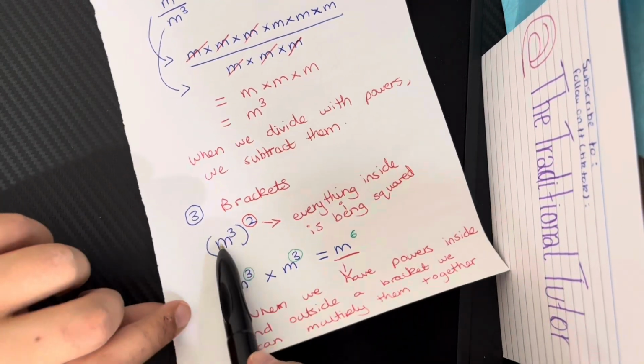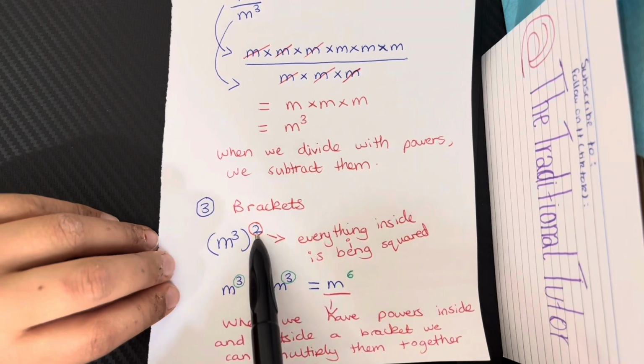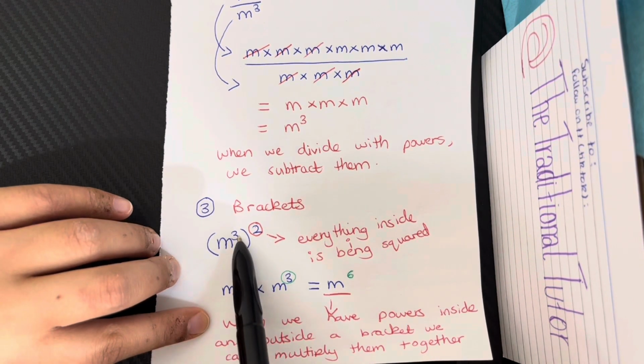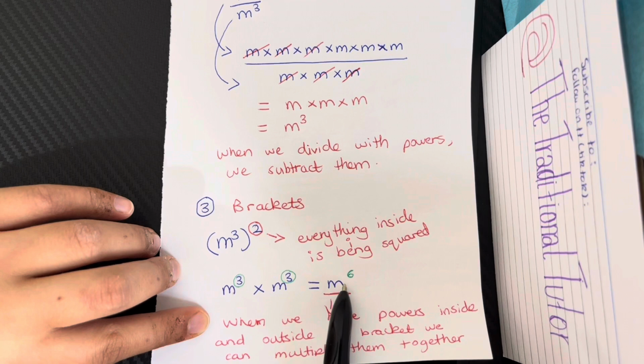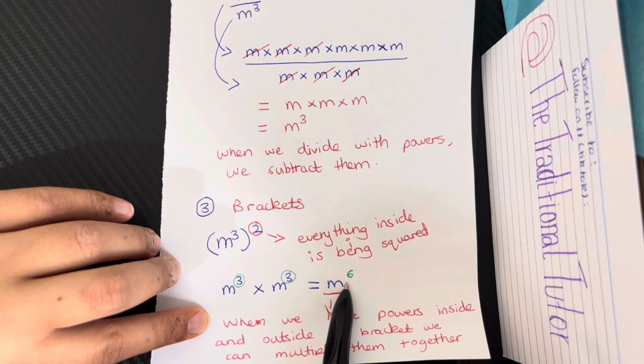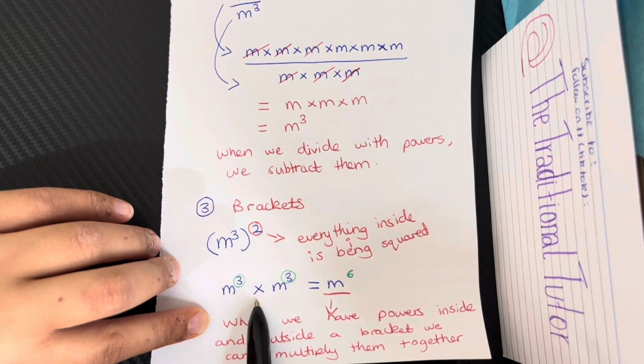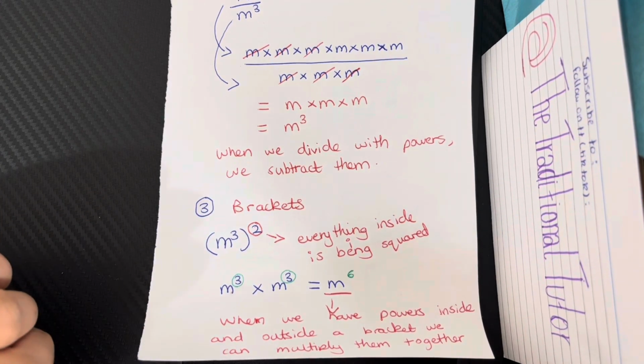For example, here we've got m cubed to the power of 2. We could have just done 3 times by 2, which would have straight away given us m to the power of 6, instead of rewriting it using multiplication.